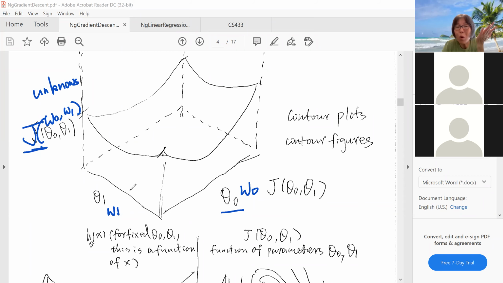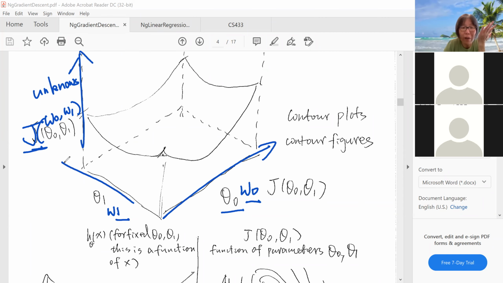If you want to draw it, that's going to be a 3-dimensional plot. You change W0, you also change W1, and then you can find the cost. So here is W0, here is W1, and here is the cost. It's going to be 3-dimensional, with all the points here.